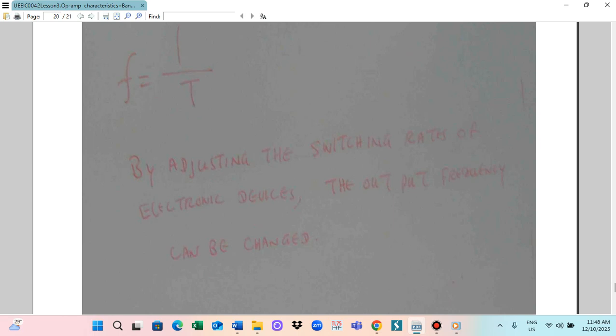So this is it. By adjusting the switching rate of the electronic devices, the circuit frequency, the output frequency, can be changed.